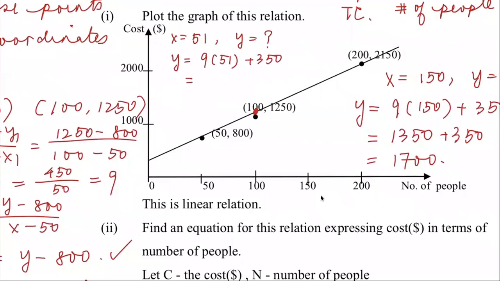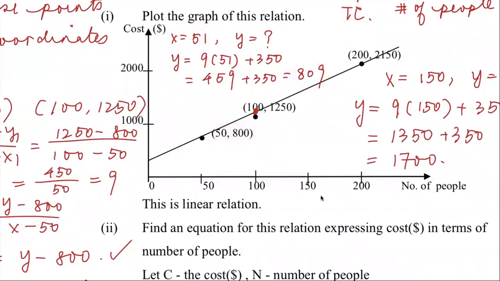So 9 times 51 is 459, plus 350, which is equal to 809, right? So if we have 51 people, we need to pay $809. If we have 50 people, we only need to pay $800.